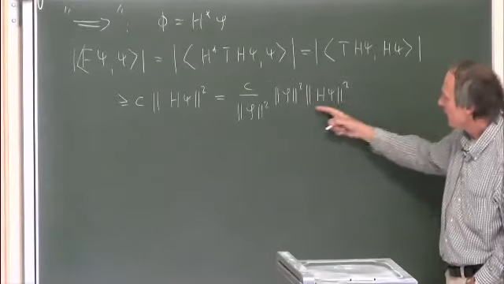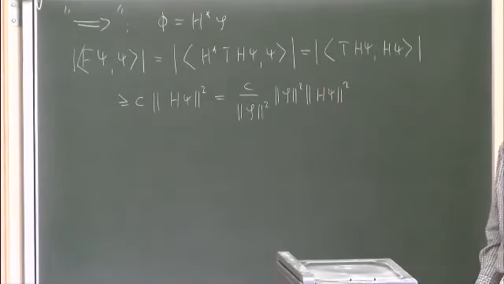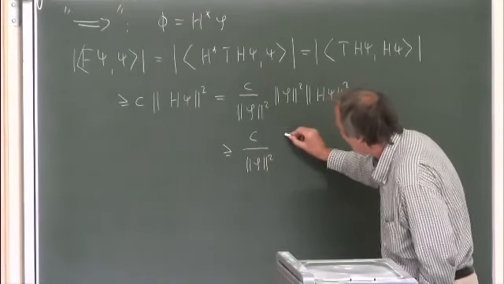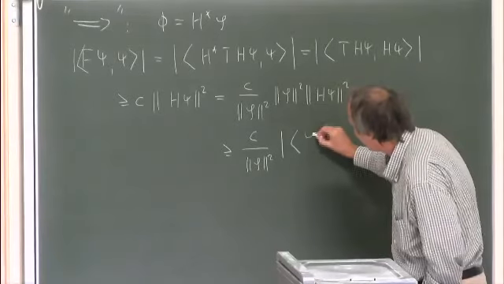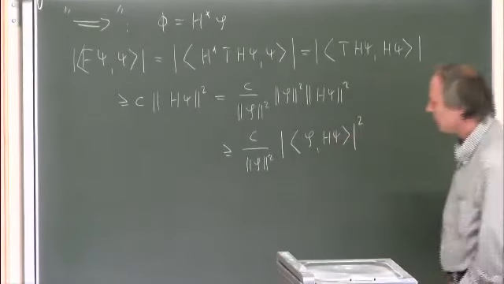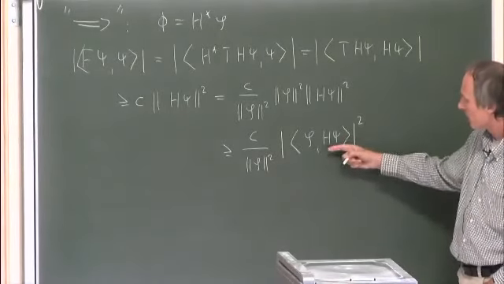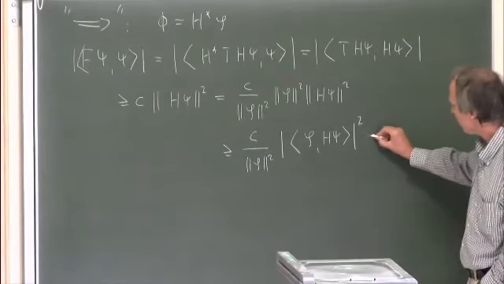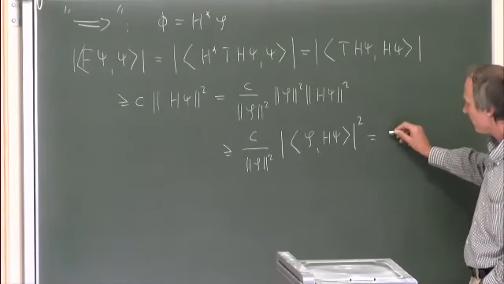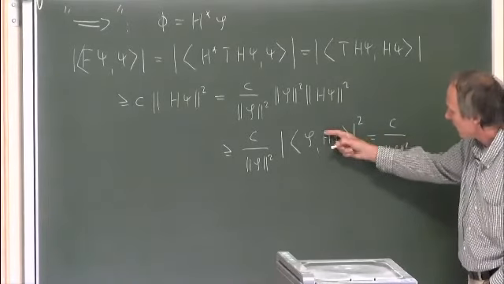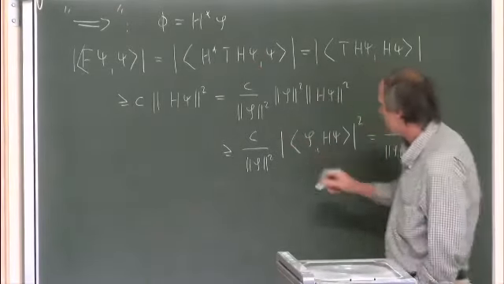And now you apply the Cauchy-Schwarz inequality, but the other way around. So this is less than this factor. And here you have, say, phi, H psi. So Cauchy-Schwarz tells you this is less than that. Now you put H over again, and you have c, and then you have H* phi, but this is phi again.